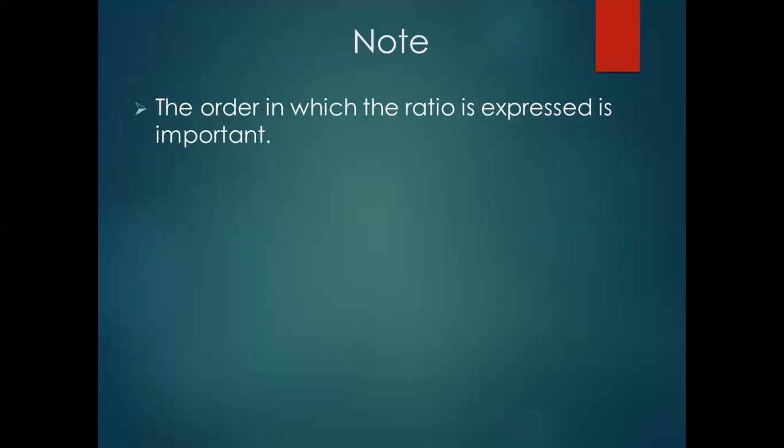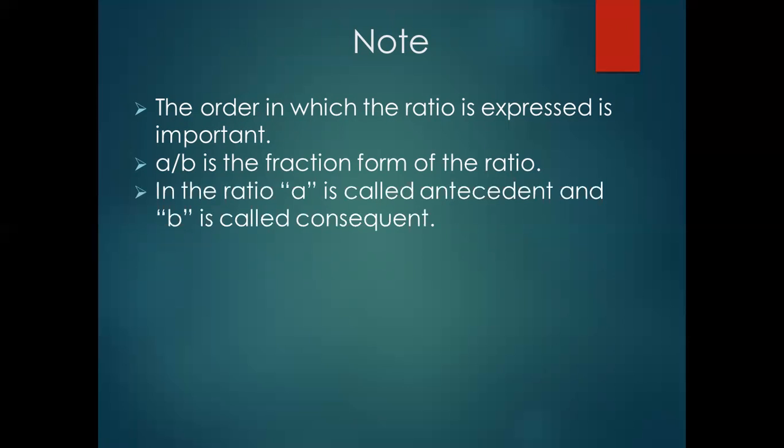Now students, let's discuss some important points which you have to keep in mind when you are solving ratios. The first point is that the order in which the ratio is expressed is important. A upon B is the fraction form of the ratio. In A upon B, A, the first quantity, is called the antecedent, while the second quantity is called the consequent.